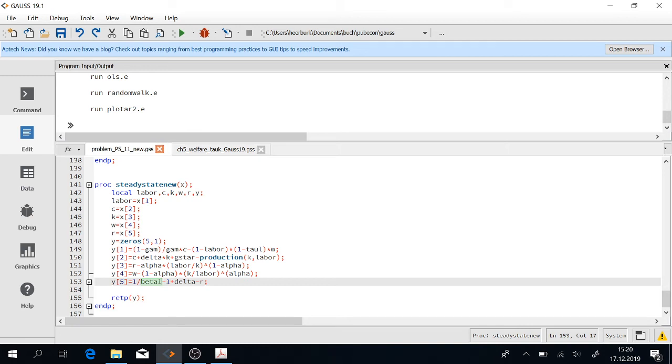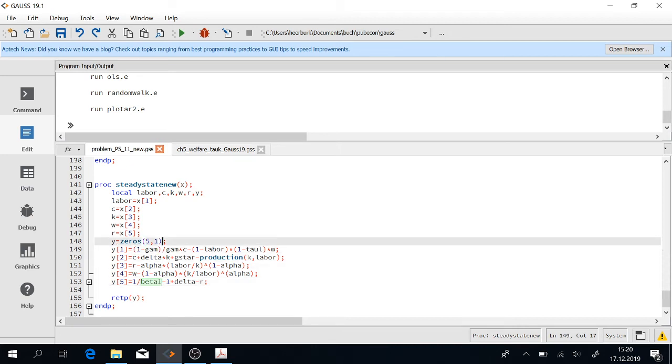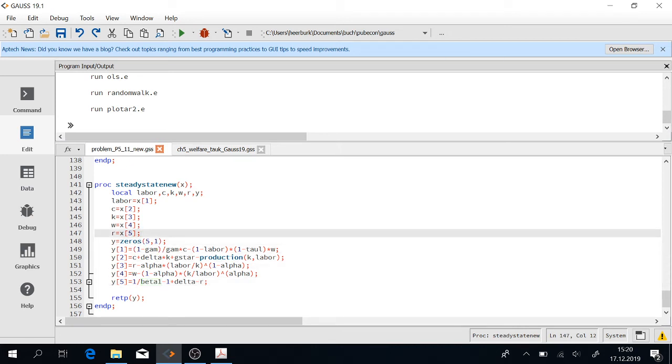The other 4 equilibrium conditions in the steady state are unchanged, and we have to delete the endogenous variable tau L because now we set tau L equal to 23% and keep it constant. Notice that we have not inserted a new variable for the lump sum tax T because we can just compute it as a residual.